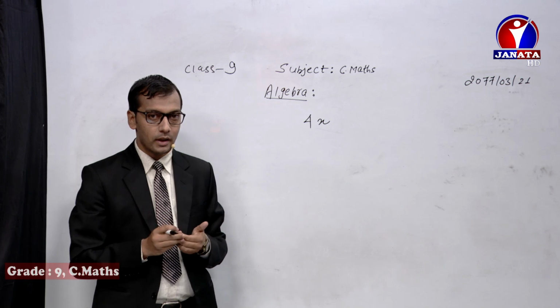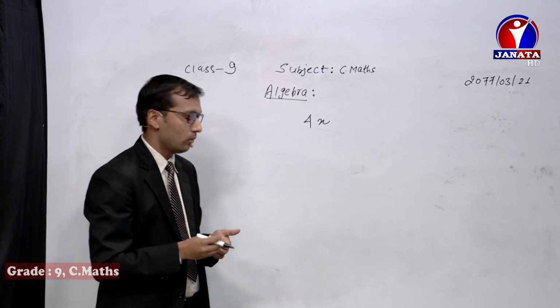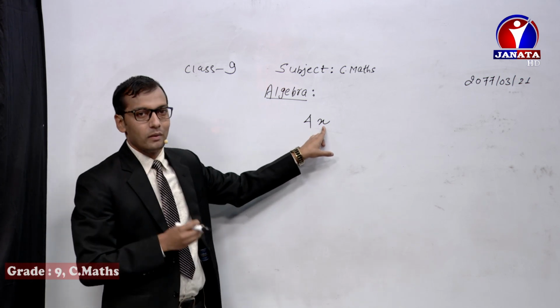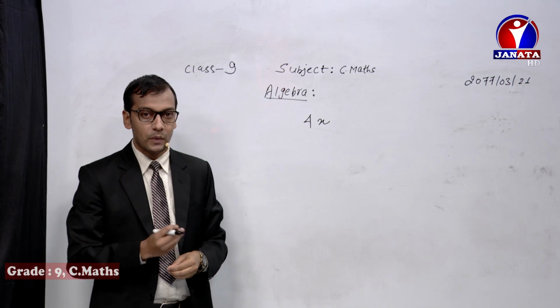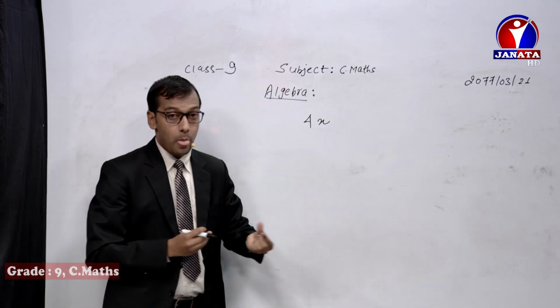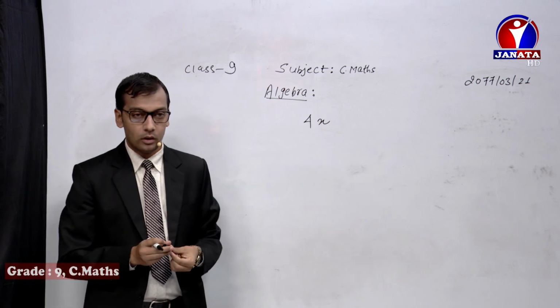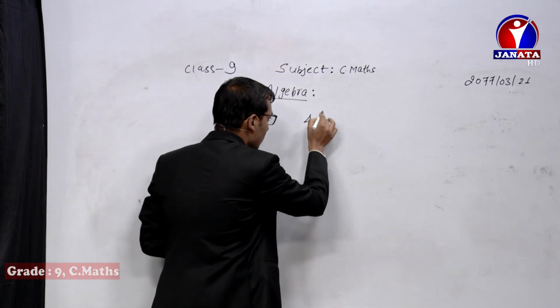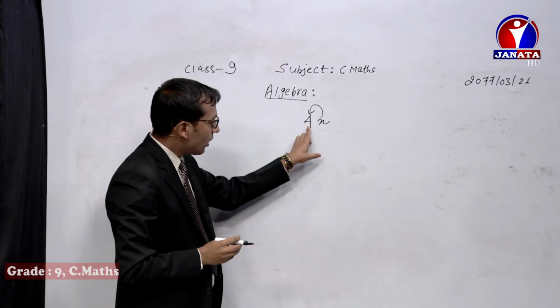This is a number which can be positive, negative or any fractional number. x is a variable. Why is this called variable? The reason is simply that x can have any value. x can represent any number, and 4 is the coefficient of x.